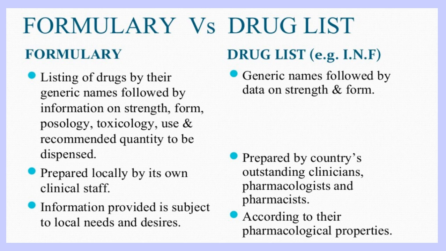But a drug list is prepared by the country's outstanding clinicians, pharmacologists and pharmacists. So it is like a reference book. According to their pharmacological properties, they will be taking the drugs into the drug list.